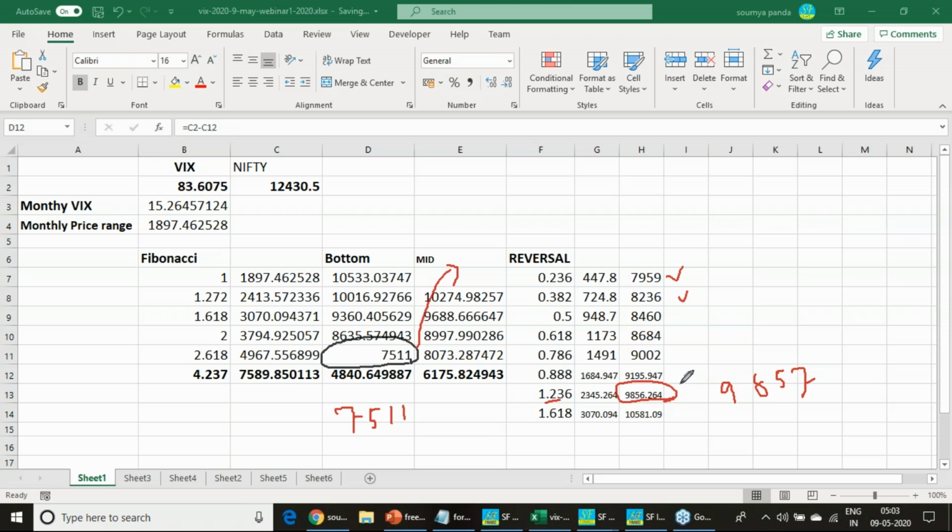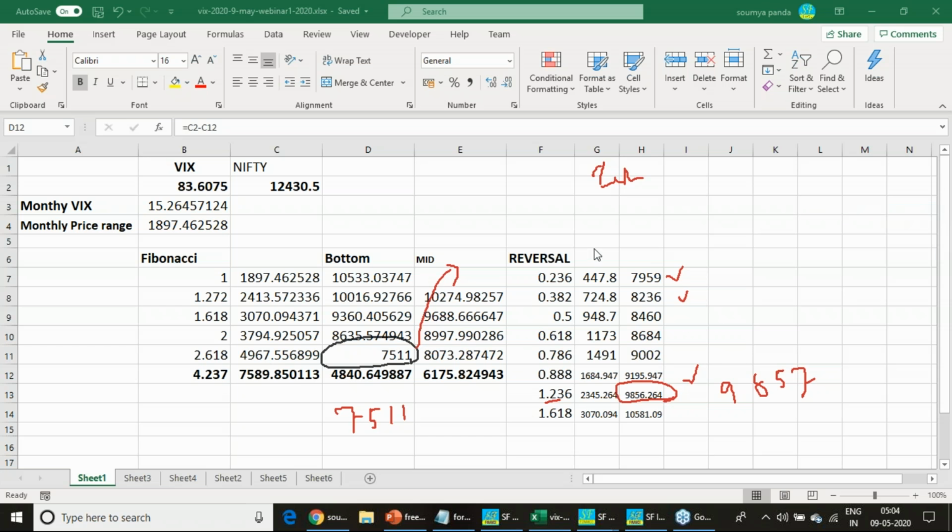Just 25 paise from our point. So this is what you learned on the 1st of April: the calculated bottom, and from there finding the reversal at the 9857 level. In fact, the calculated bottom was not touched properly.